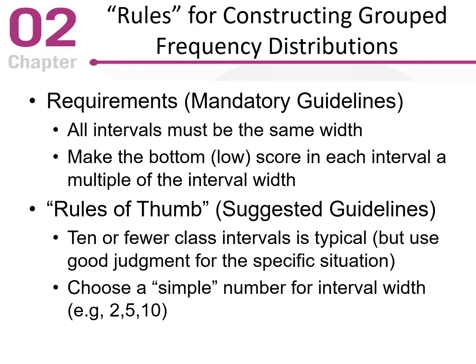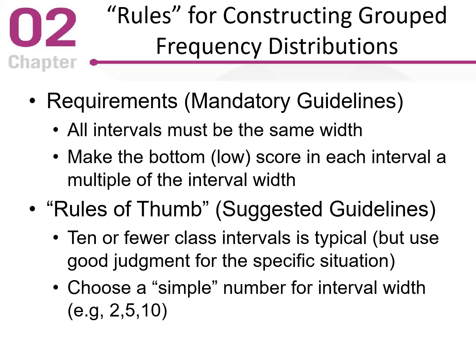So here are some of the requirements for the frequency distribution and group frequency distributions. The intervals must be the same width. So that means if your interval is 0.5 or 1 for one interval, you've got to keep it the same for all intervals. You cannot change up the interval size. The interval size must always be the same.